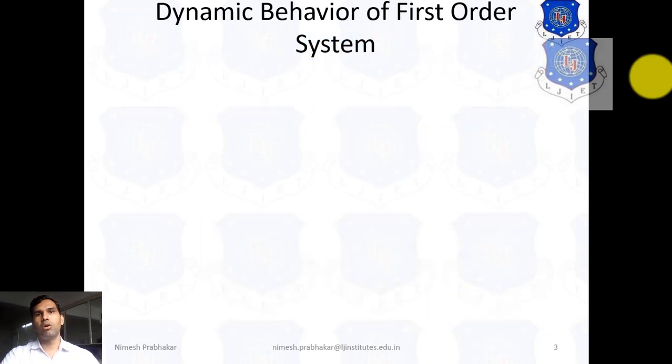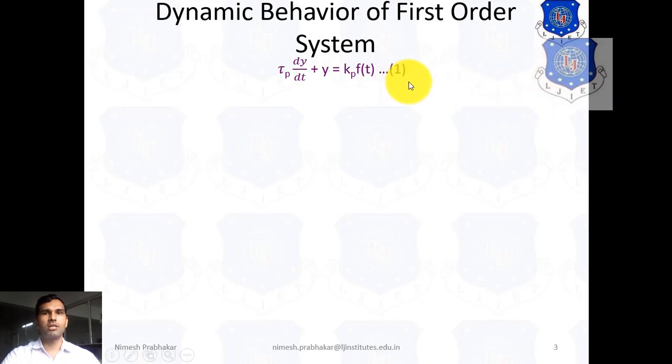So, we all know the equation of first order system. That means we can represent first order system by using this general equation: tau p dy by dt plus y is equal to Kp into f of t.